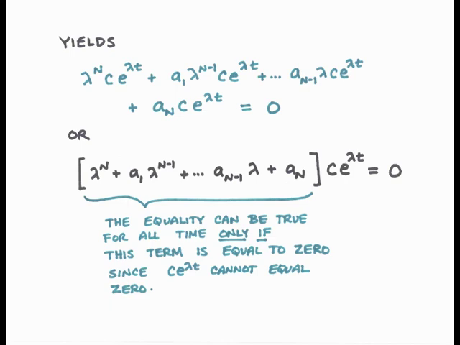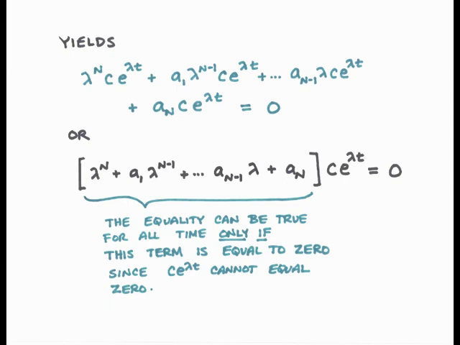Now we can group the terms together to simplify this. We'll find a polynomial in lambda multiplied by c e to the lambda t equals 0. The polynomial will have the coefficients that were in the differential equation, a1 through an.